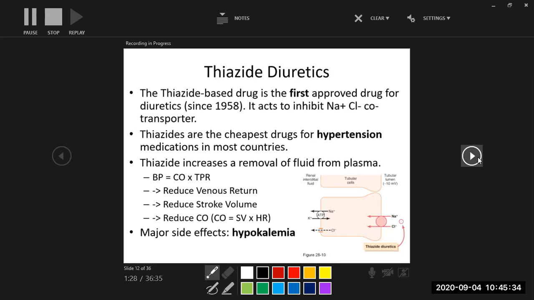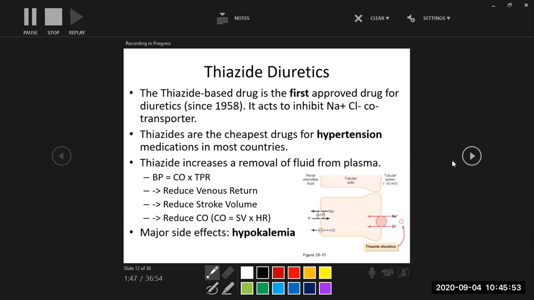It's among the cheapest drugs for hypertension in most countries. So that's very common, very popular, thiazide.